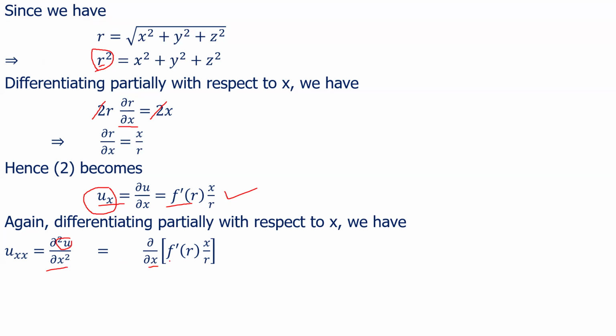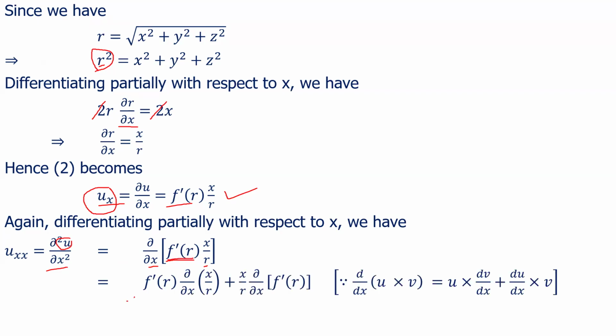Now here this f dash of r is function of x and x by r is also function of x. So we first apply the product rule. According to the product rule, first function f dash of r into derivative of second function plus second function into derivative of first function.